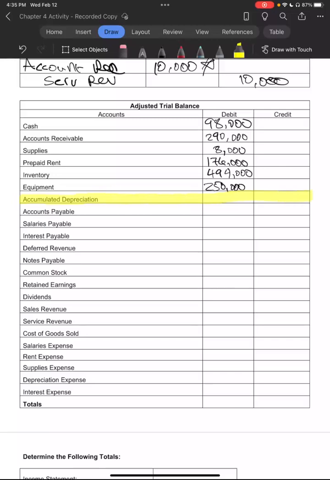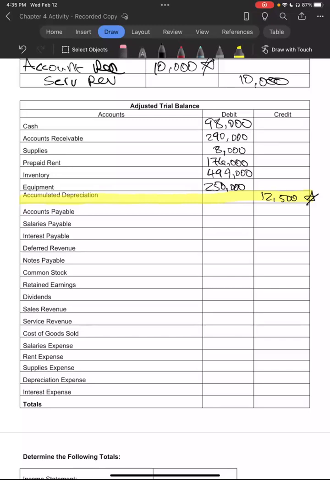This is a new account on our adjusted trial balance. And how much did we add to that account? Well, it was $12,500. Now remember, accumulated depreciation is an asset account, but it is a contra asset account, so we put its balance in the credit column. Okay. Now we're done with assets.